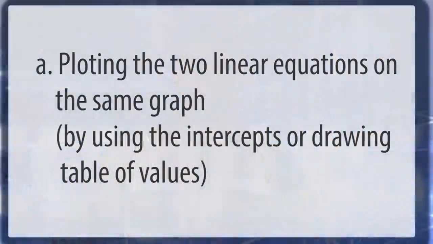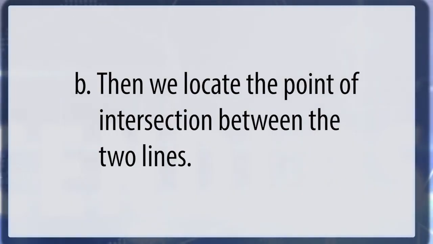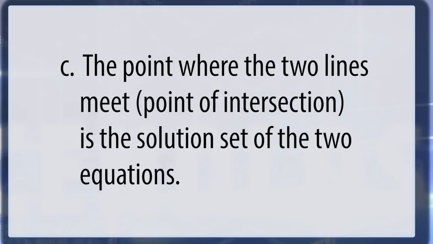We shall do this by plotting the two linear equations on the same graph by using the intercept on both axes or drawing a table of values. Then we locate the point of intersection between the two lines. The point where the two lines meet, the point of intersection, is the solution set of the two equations. I hope that was clear.